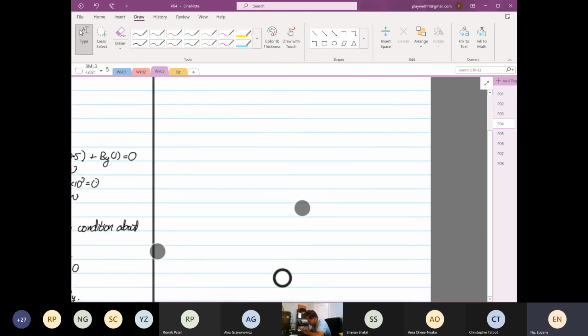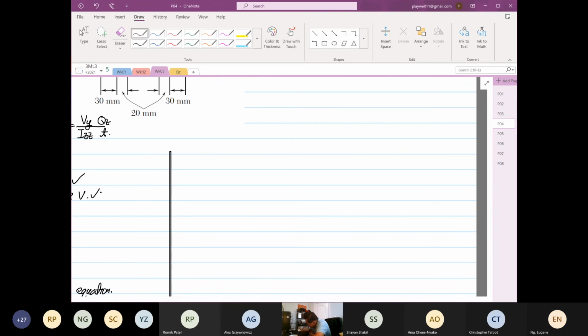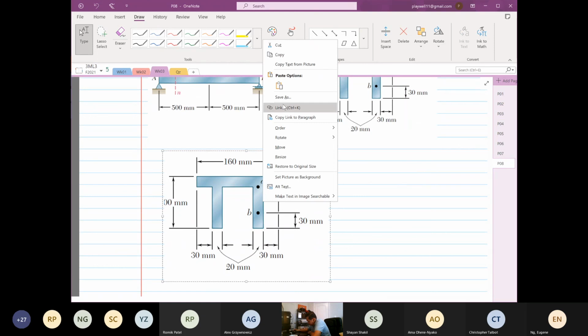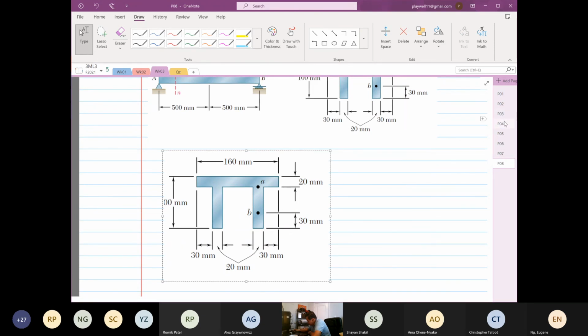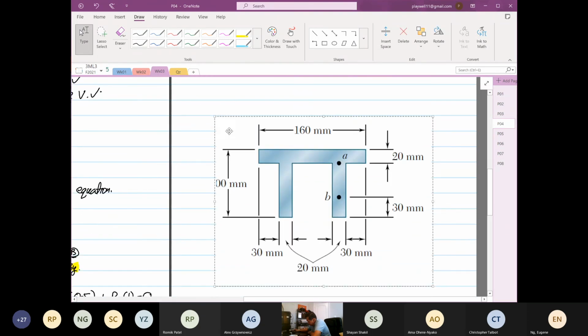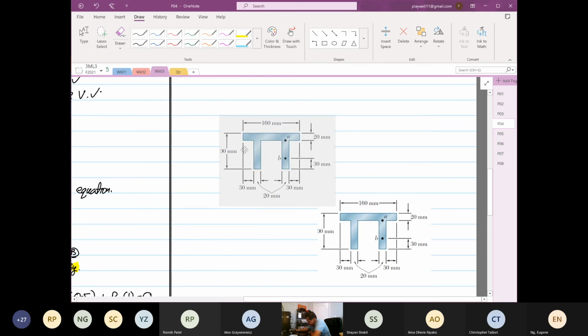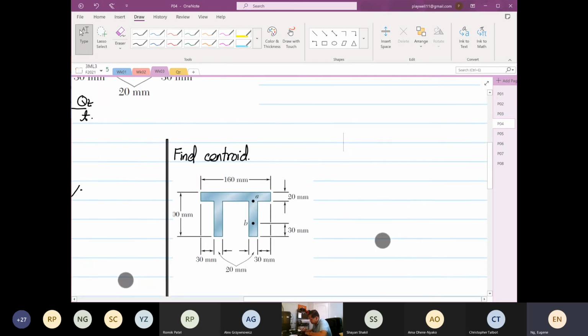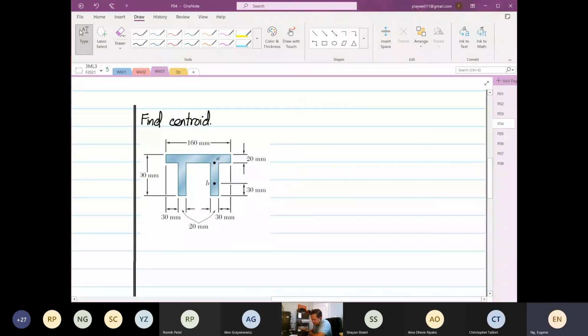So the next thing, we're going to find the centroid. I'm going to take another diagram. I want to find the centroid, so I'm going to divide this into 3 sections.